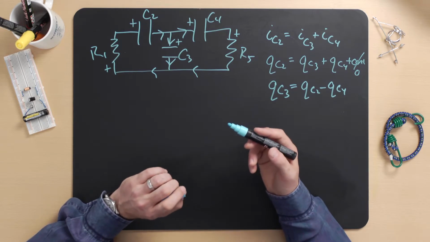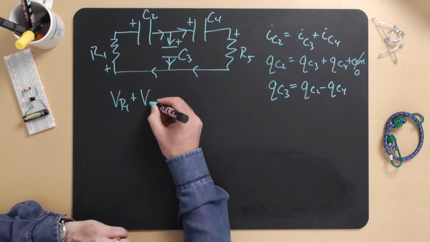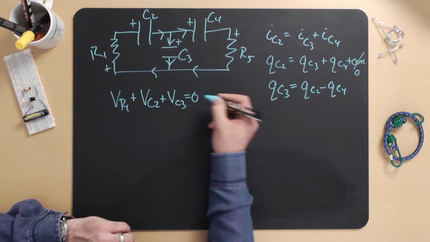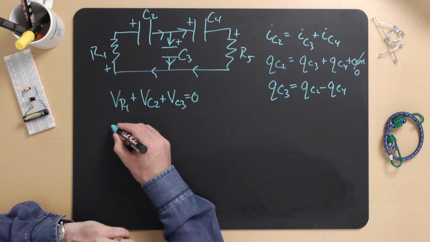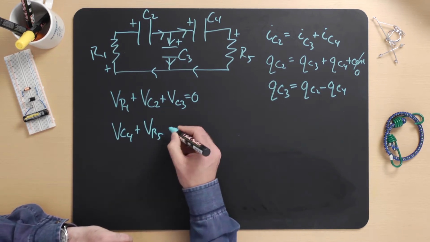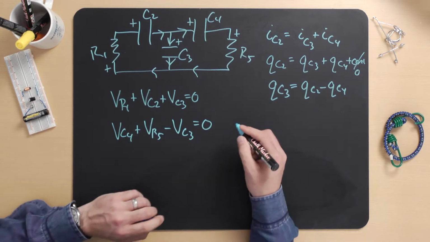Now, the Kirchhoff voltage law implies that VR1 plus VC2 plus VC3 is equal to 0, and it also implies that VC4 plus VR5 minus VC3 is equal to 0.